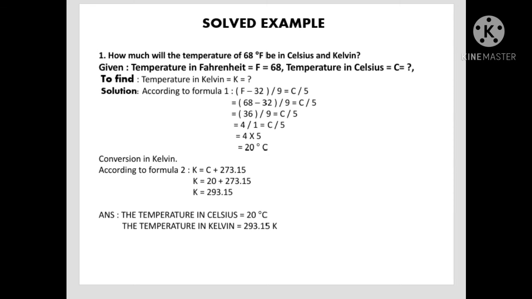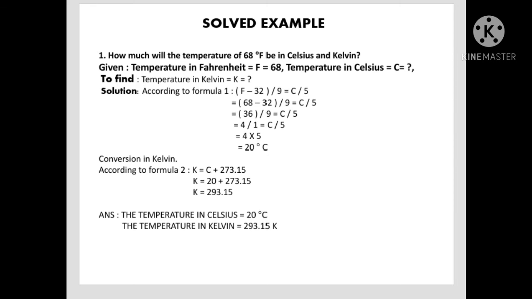Question 1. How much will the temperature of 68 degree Fahrenheit be in Celsius and Kelvin? So students, your given content is temperature in Fahrenheit, that is F = 68 degrees, and we have to find the temperature in Celsius, and we also have to find the temperature in Kelvin.